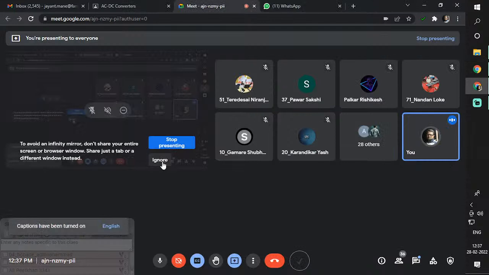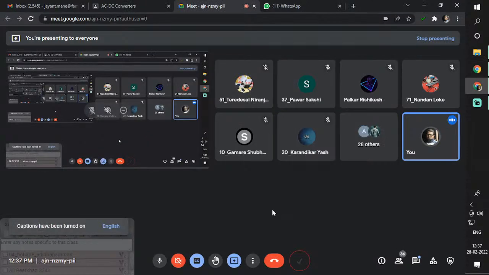Further, we have also seen some other power electronic devices. Now, we'll see application of this SCR.